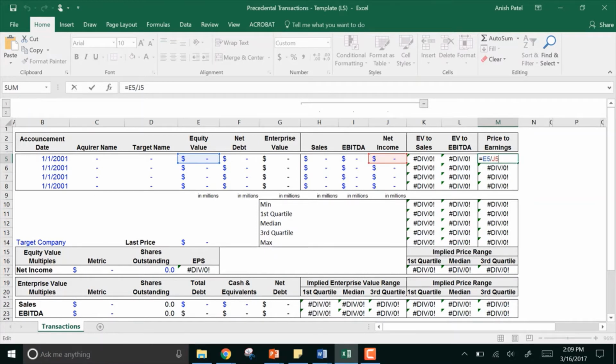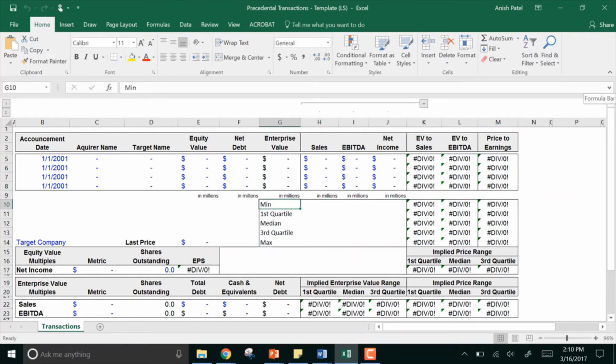Or if you were looking at it from a comparable company analysis, it would be the market value over net income, or the price that the company is trading at over the earnings per share. But here, because we're looking at it from a transaction perspective, you're looking at the equity value, the purchase price, divided by the net income of the company at purchase.